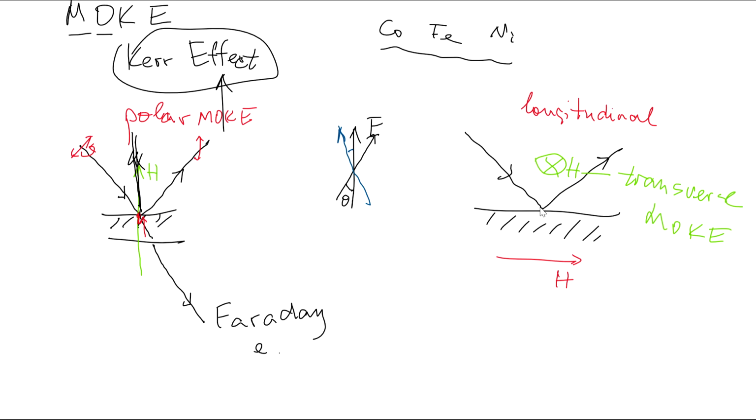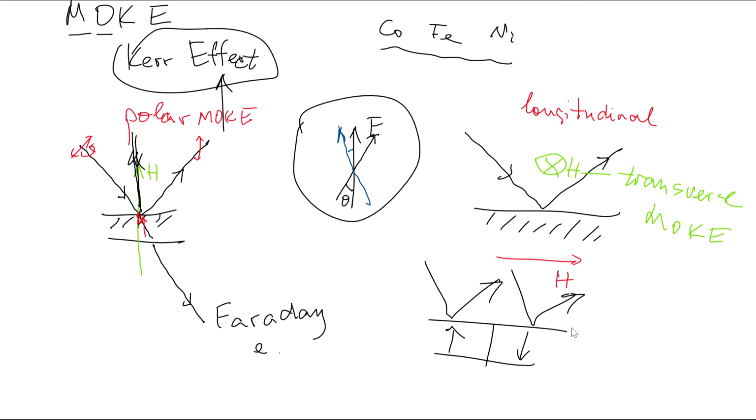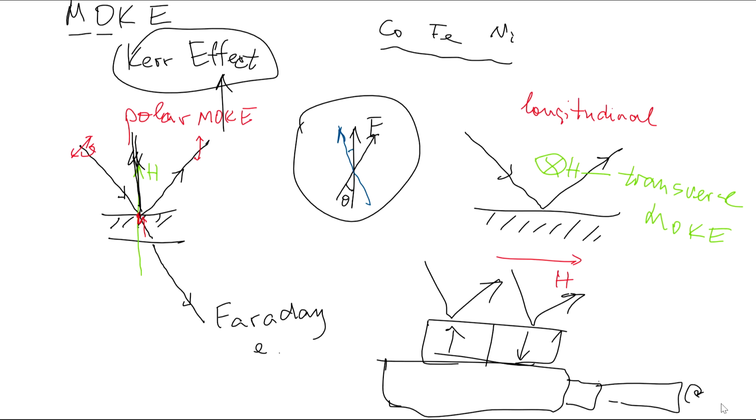Okay, so what do we do to image domains? How do we use that? First of all, of course, if you have a material with one part of the sample having magnetization pointing up, another pointing down, we can shine light here, see one rotation, and shine light there, see the polarization rotation, and see that they're different. More than that, we can mount the sample on a stage with a micrometer and rotate the micrometer so that the stage moves left and right, and measure the rotation, and it would be one way and the other way as a function of distance.